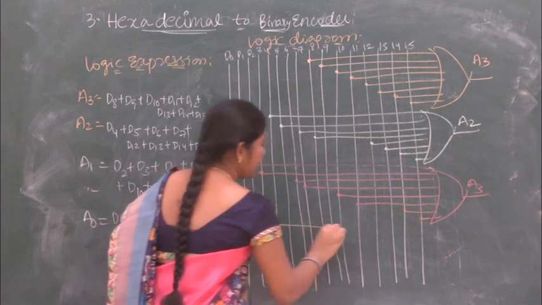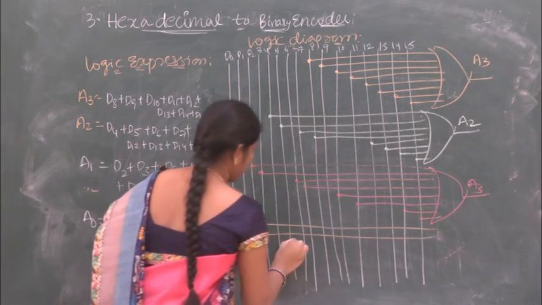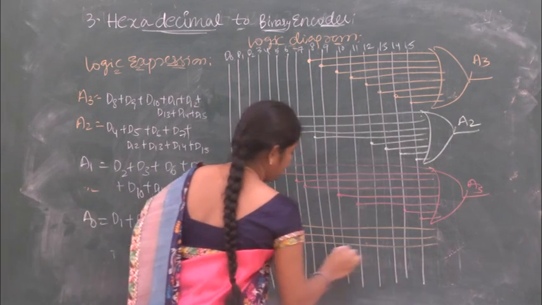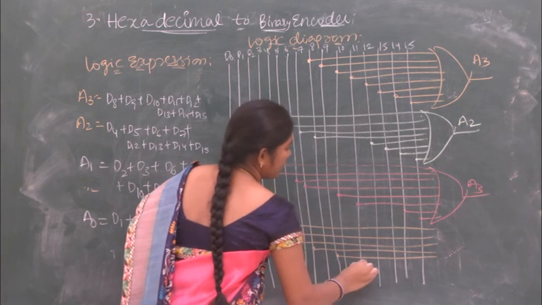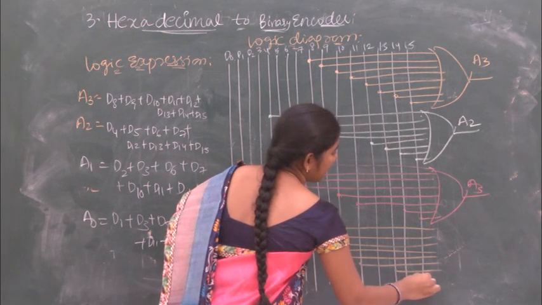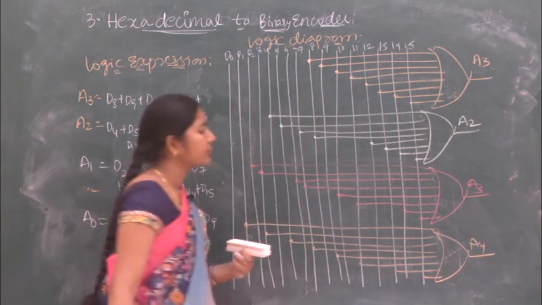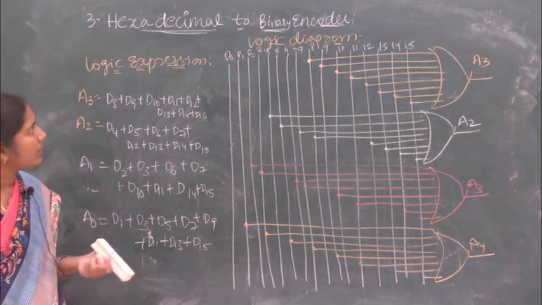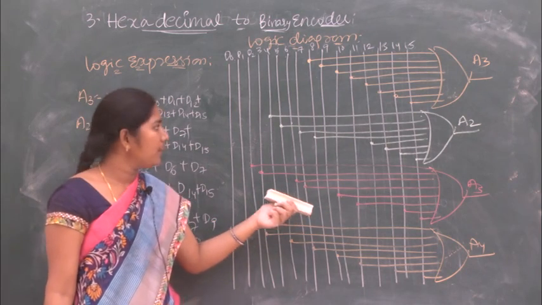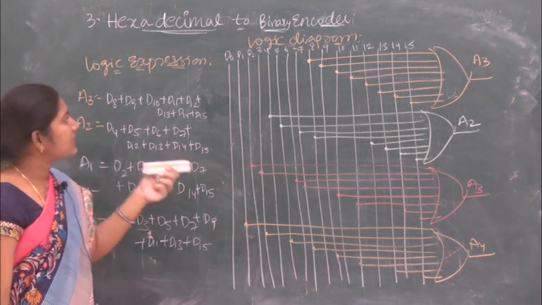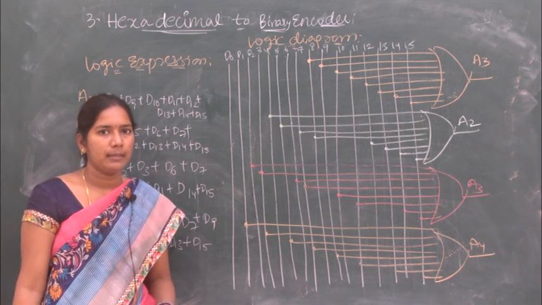So I can consider D1, D3, D5, D7, D9, D11, D13, D15, give it to one OR gate to get A0, right? So this is the logic diagram for the hexadecimal to binary encoder. Okay, thank you.